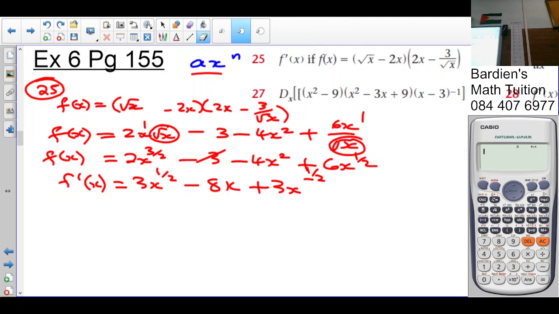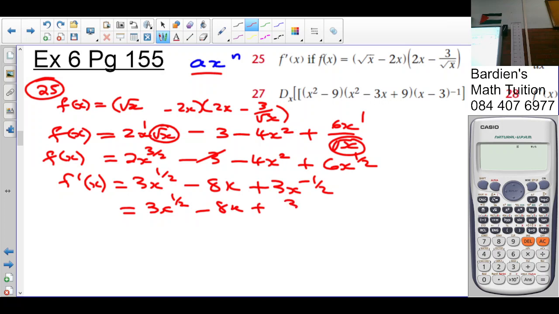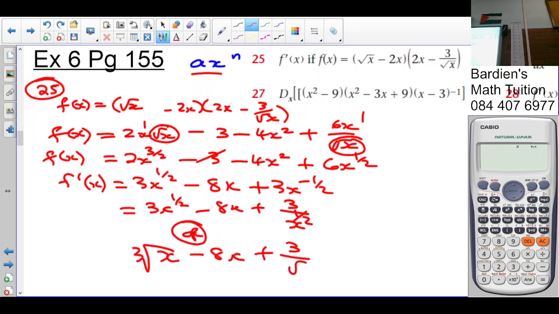It will be the minus half. This now gives us 3x to the half minus 8x plus 3 over x to the half. Where that could have also been written as 3 root x minus 8x plus 3 over root x.